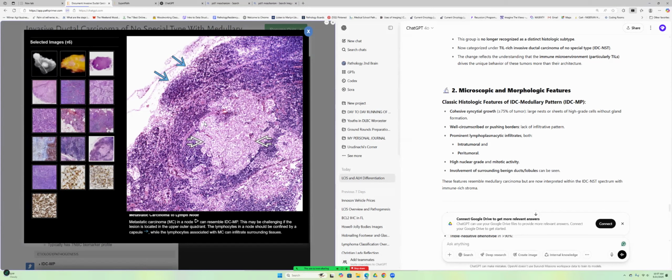If this is found in the breast, I mean an intramammary lymph node, it can be very difficult to diagnose, right?